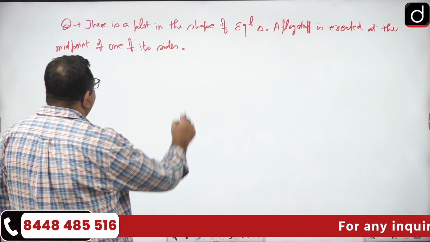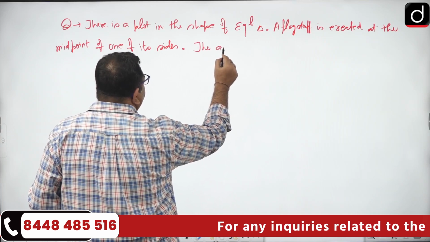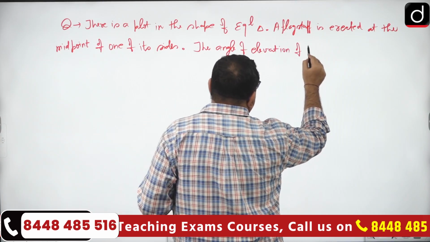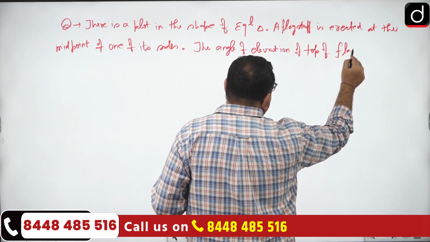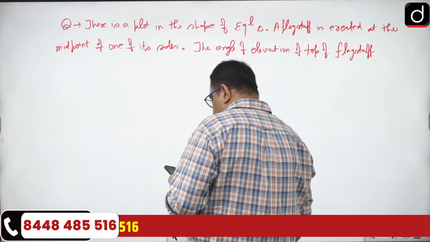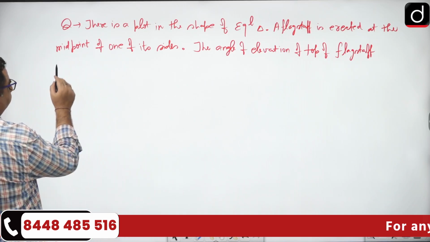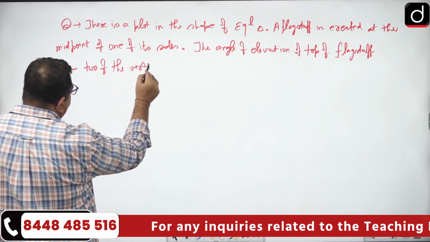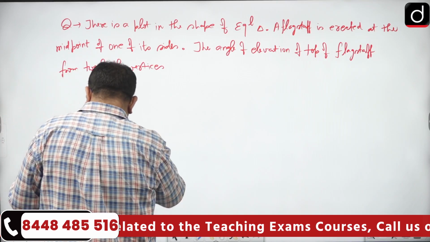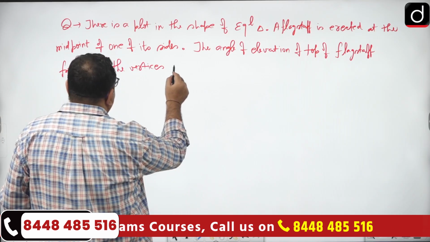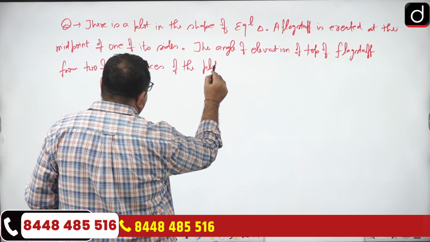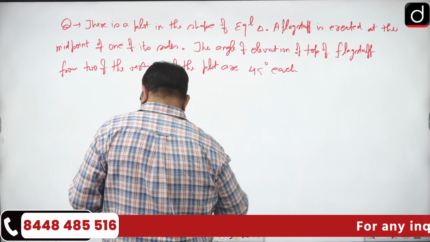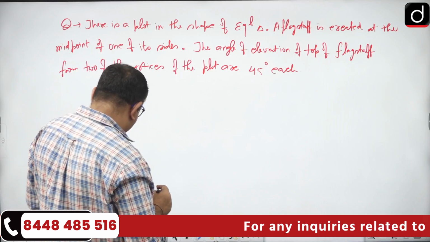The angle of elevation of the top of the flag staff from two of the vertices of the plot are 45 degree each, right?